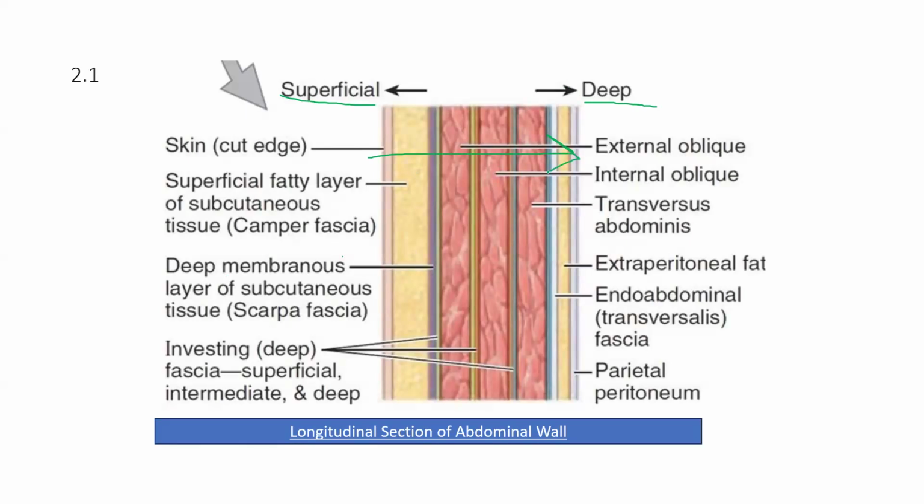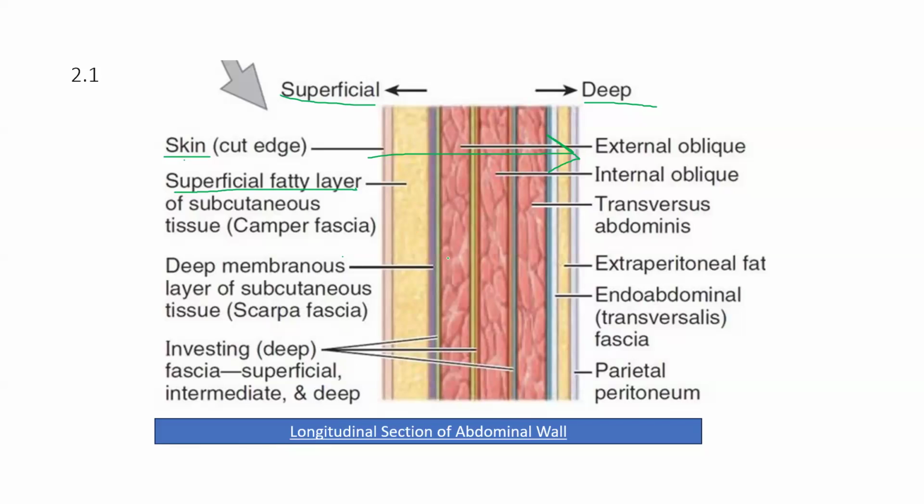The first structure is the skin, which is common. Next is the superficial fatty layer, the subcutaneous tissue underlying the skin.